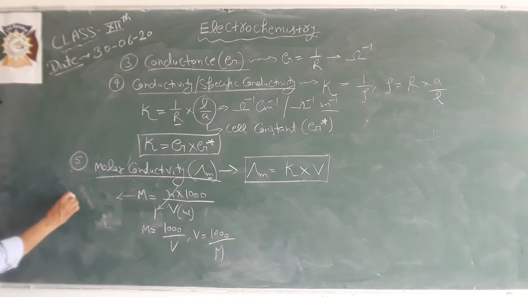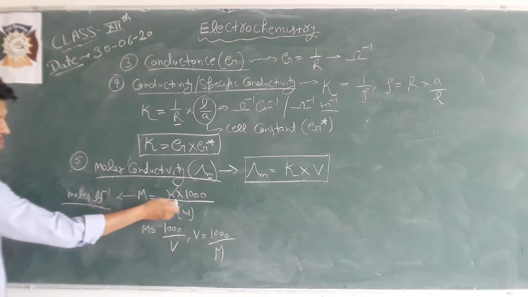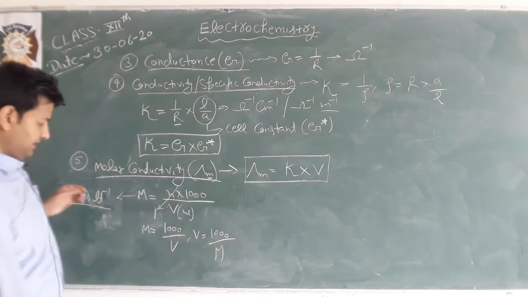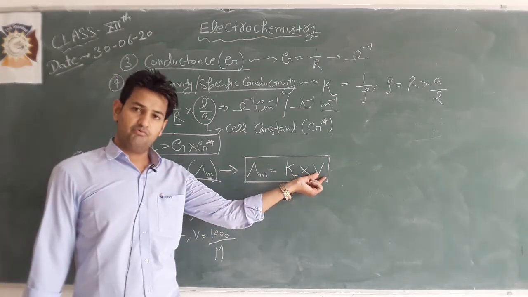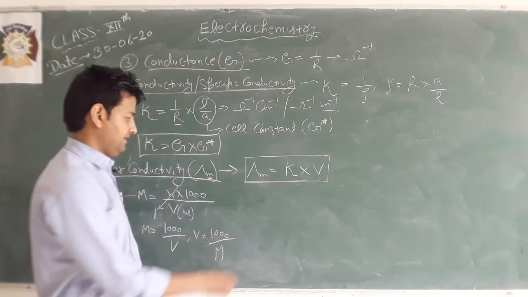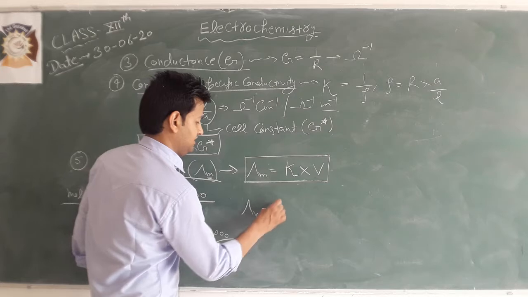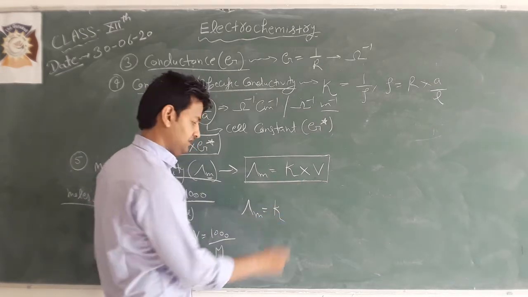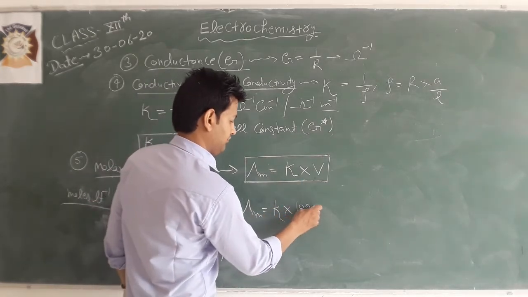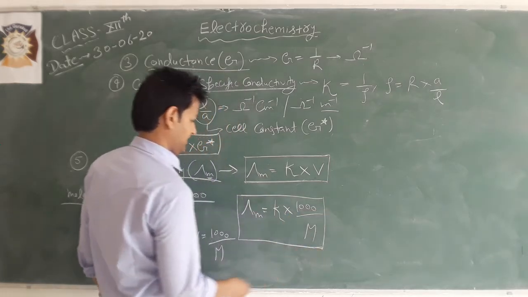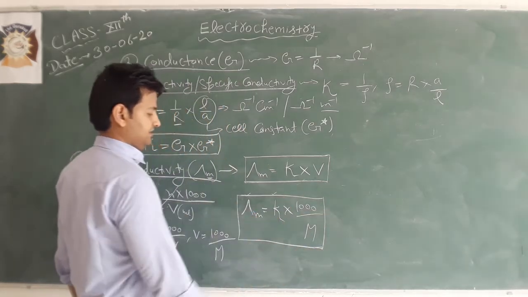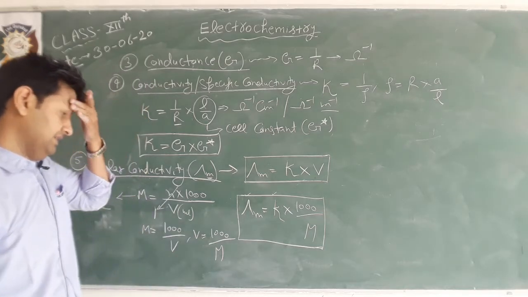Molarity is moles per liter. So we can put here volume as 1000 by M. So the molar conductivity comes out to be specific conductivity into 1000 by M. This is the relation between molar conductivity and specific conductivity.